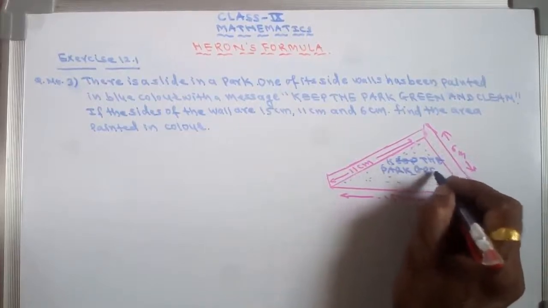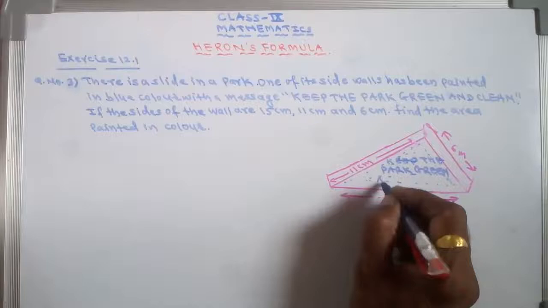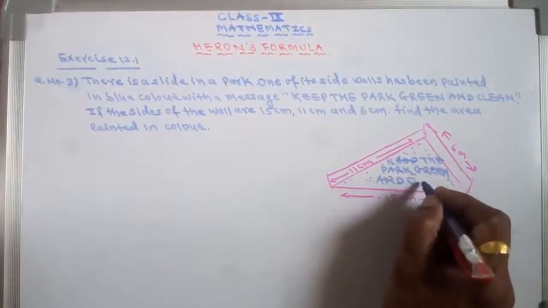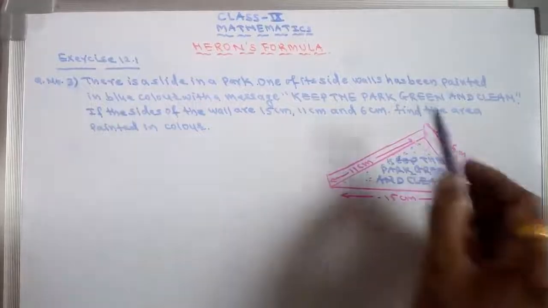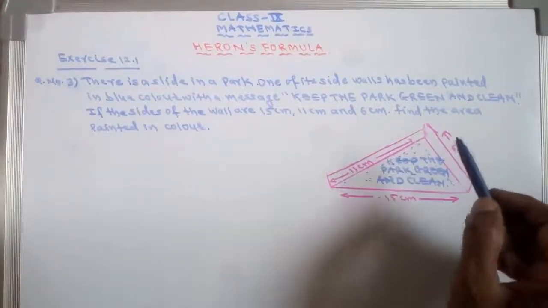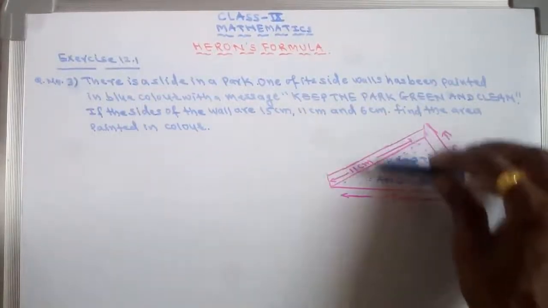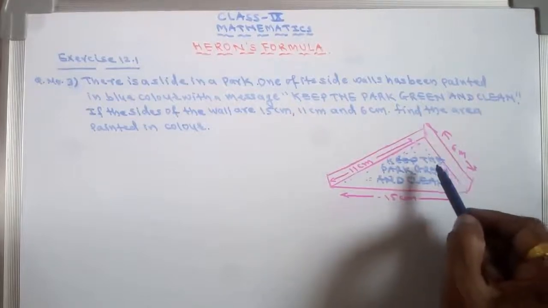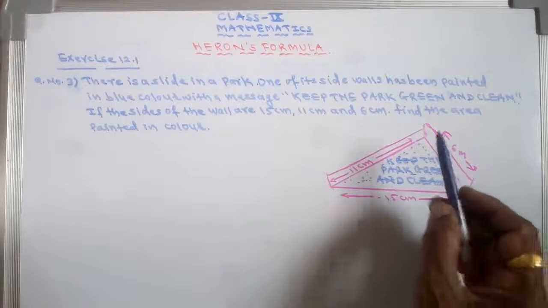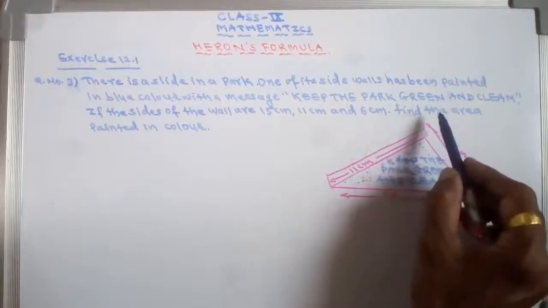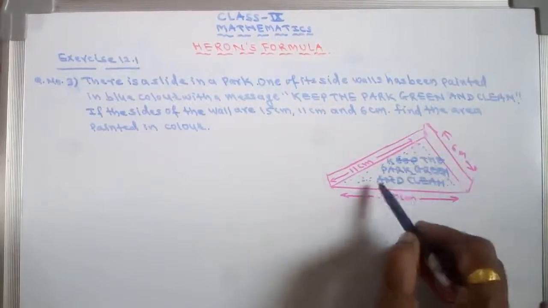There is a slide in a park. This is a slide. One of its side walls, this side wall, has been painted in blue colors. Blue colors पे इसको paint किया है. Okay, उस पर मैसेज लिखा है keep the park green and clean. उस पर मैसेज लिखा है.